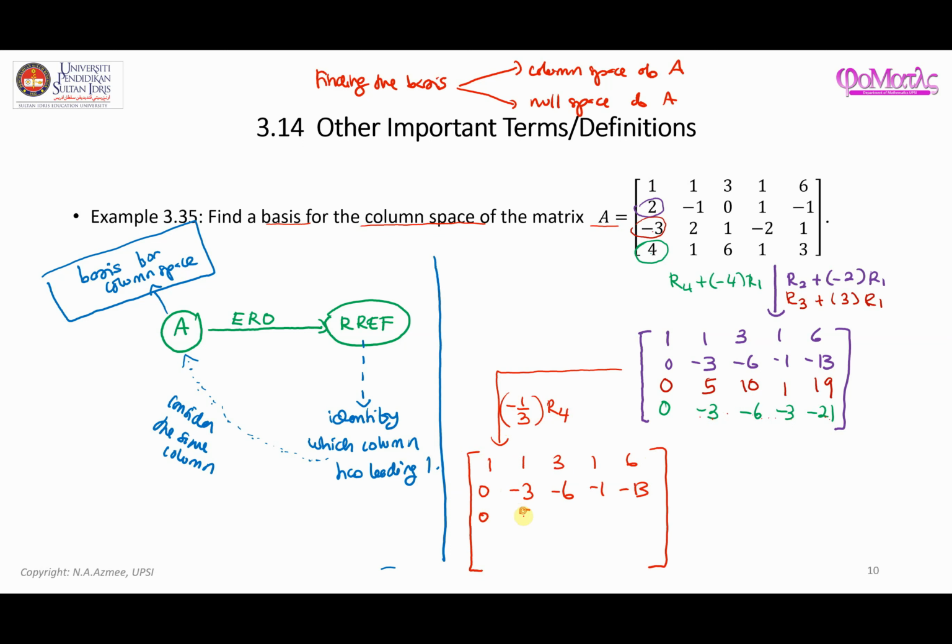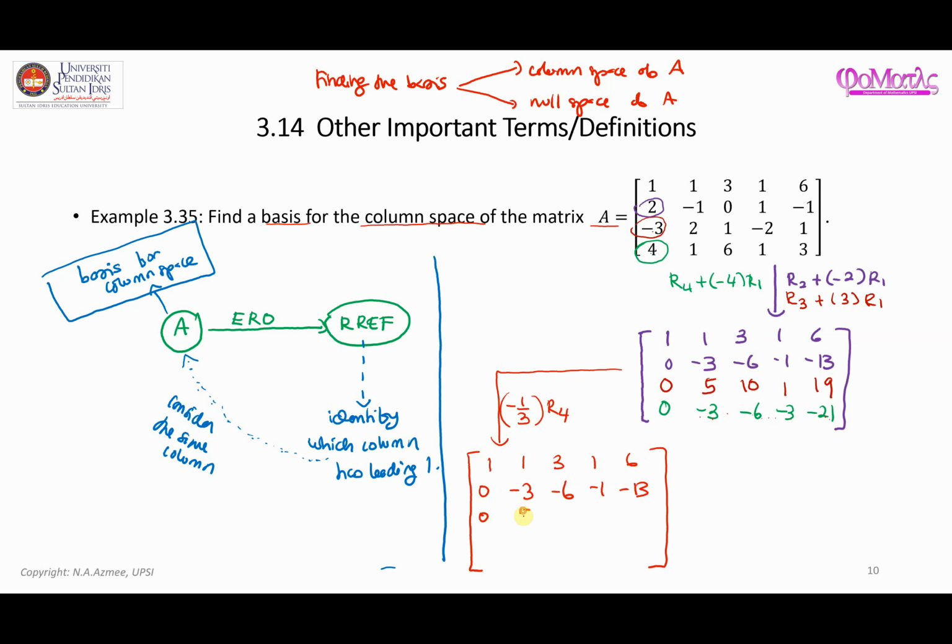Okay, so that's it. And also we need to consider changing this value to 0. So the fourth row plus 3 times the second row. So 0 minus 0 plus 0 is 0. -3 plus 3, 0. -6 plus 6 is 0.